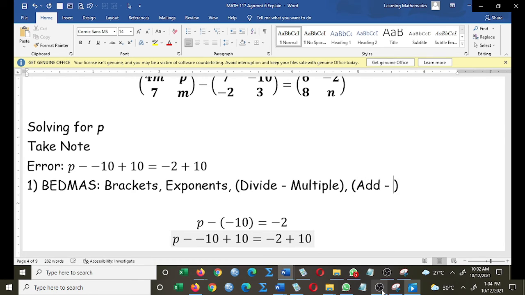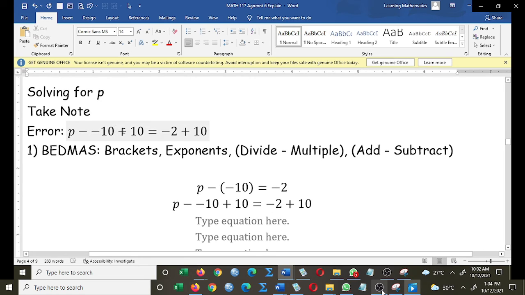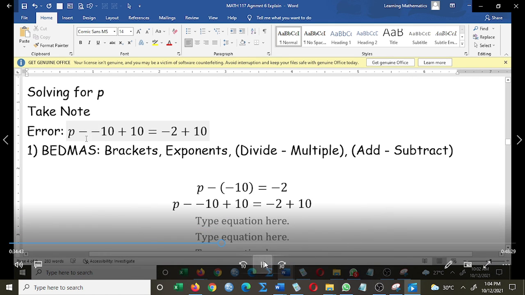So the reason why I put in a dash is because one can come before the other. Now the whole point is that you have to multiply before you add. So here you added, you put the plus 10, but you have multiplied it.